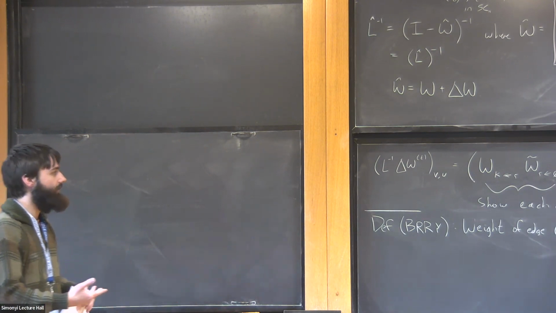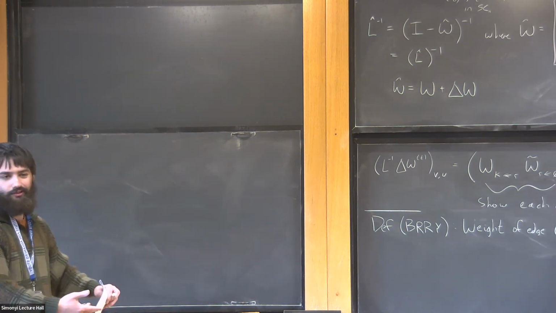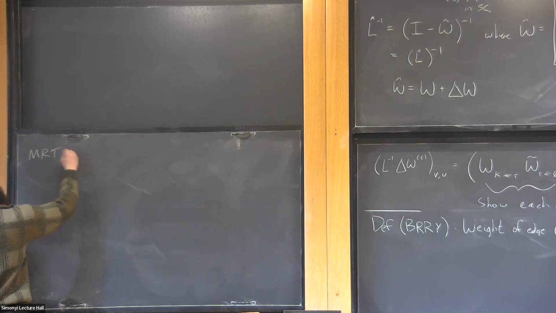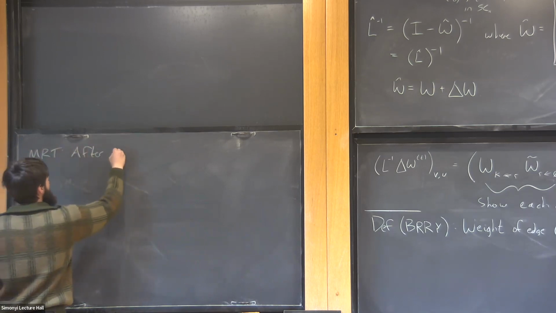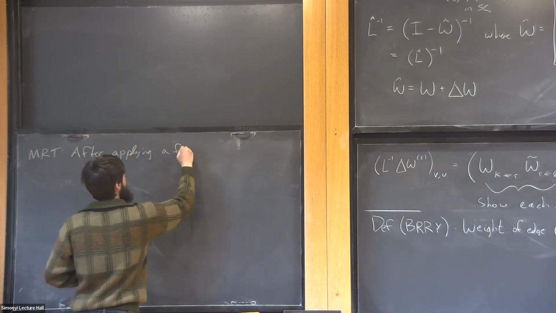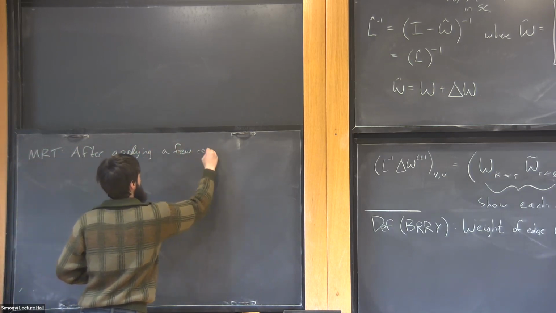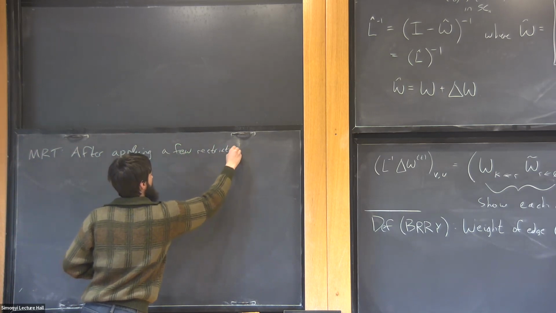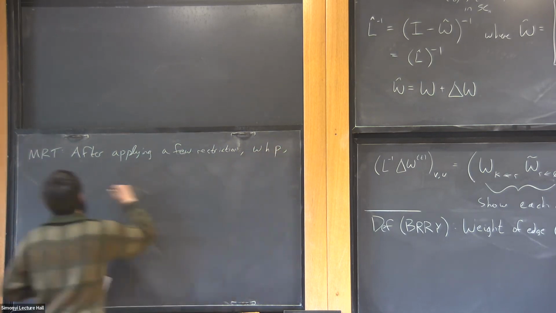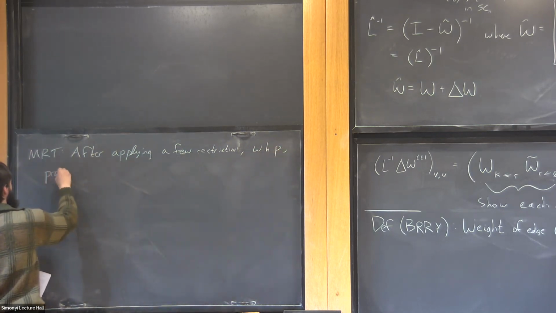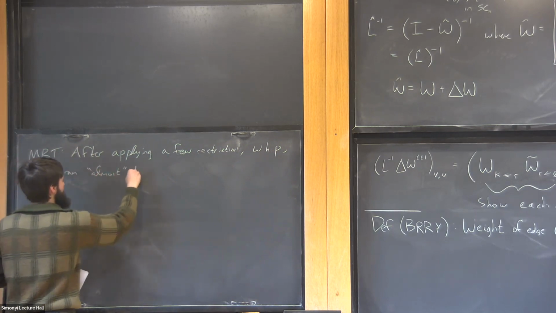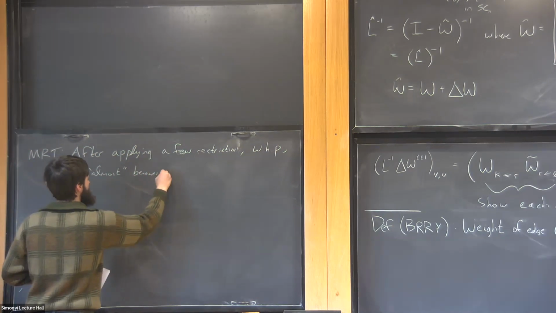Their approach was to do a bunch of pseudorandom restrictions, and they argue that after applying a few of them, with high probability, their width 3 program almost, in some sense, becomes a permutation program.